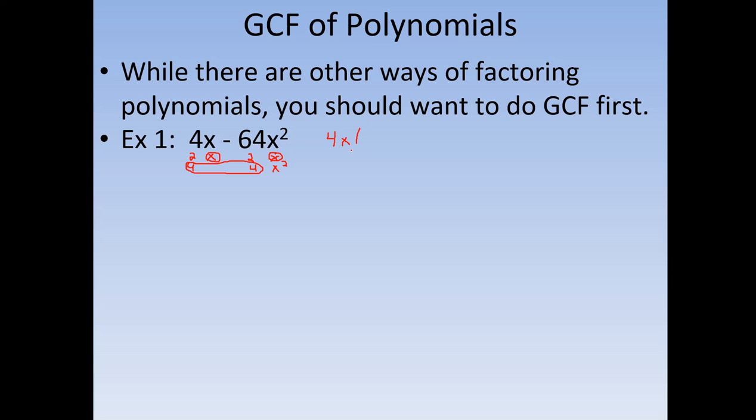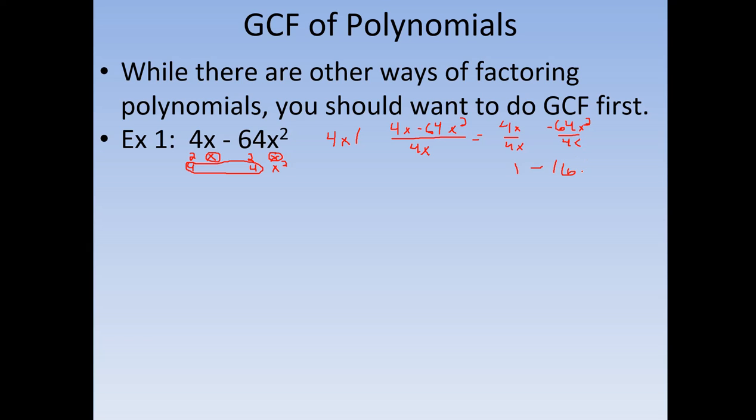And that's pretty much it. We can then do what we did before with dividing polynomials. Take 4x minus 64x squared, divide it by 4x, split it up into different parts, and then divide them. 4x divided by 4x is 1. 64 divided by 4 is 16.